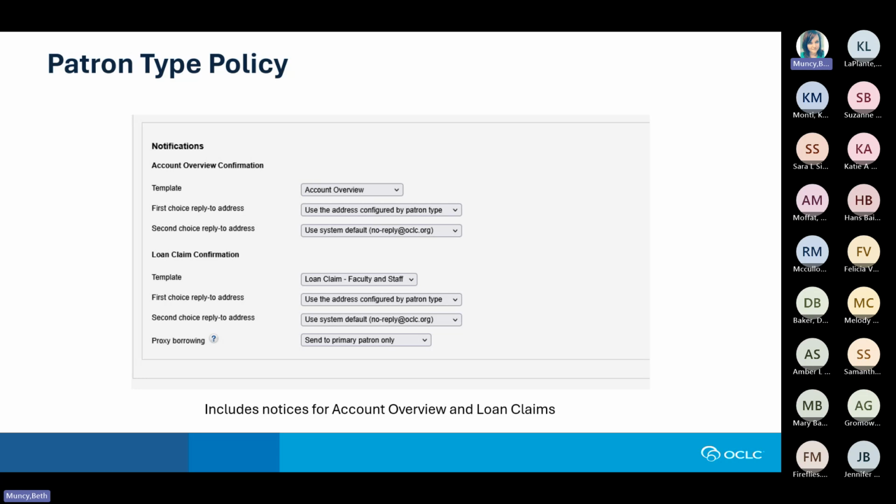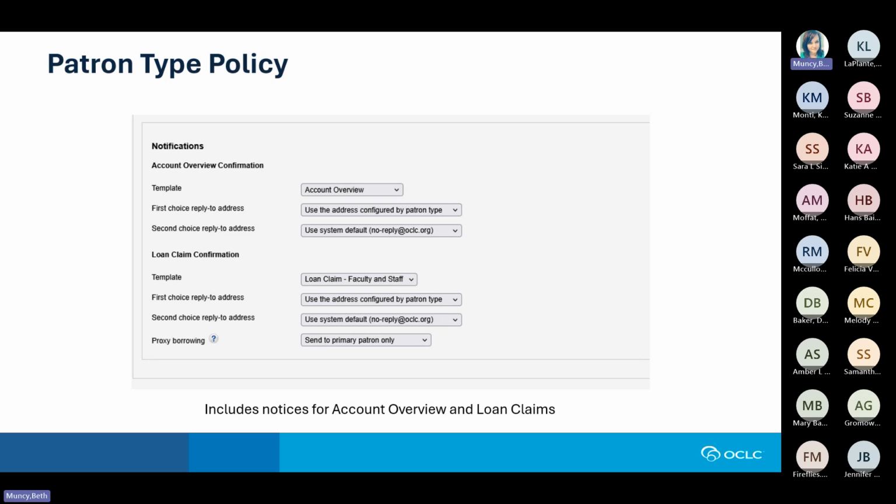So the patron type policy, these are the specific policies that you've put in place to identify how many items can be overdue at a time, how many claims they can have, how many bills they can have before their account gets blocked, and so forth. For the patron type policy, we can include an account overview, and we can include a loan status.